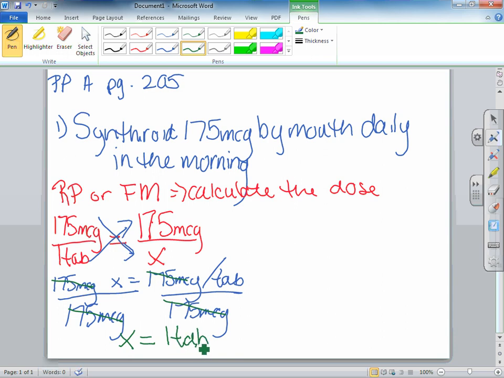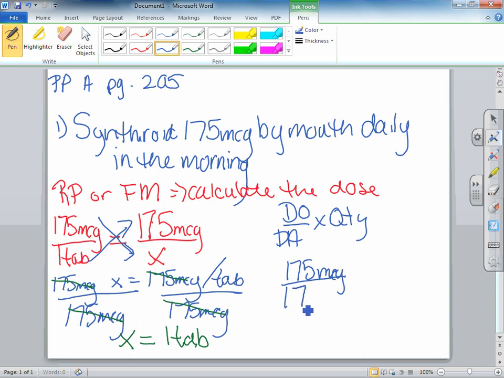Well, what if I use the formula method? So the formula method, which is dose order over dose available times the quantity. Well, your dose order is, again, 175 micrograms. The dose available, you look at the label, the drug label.